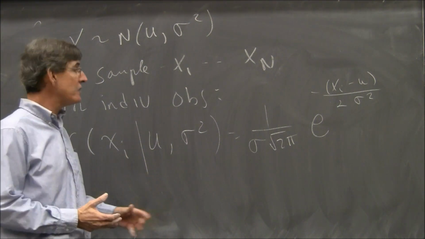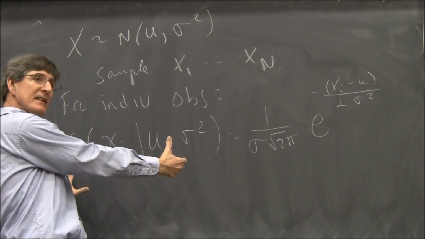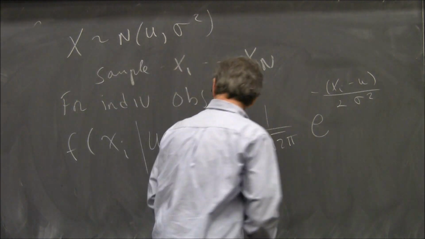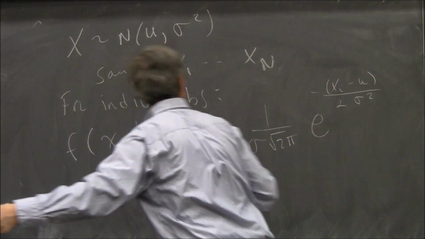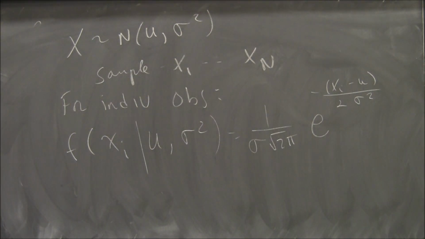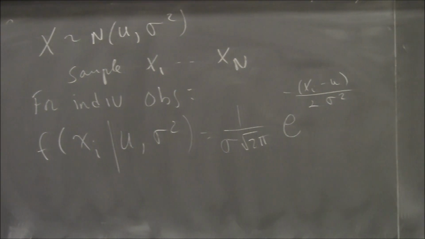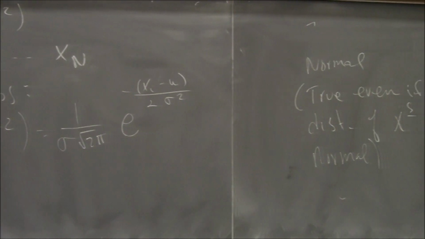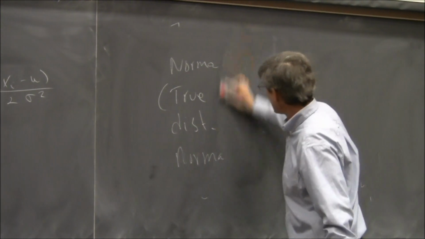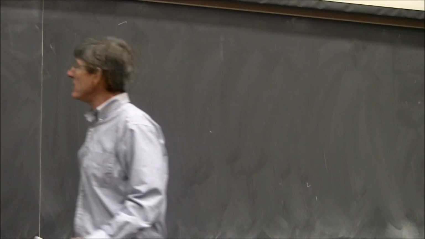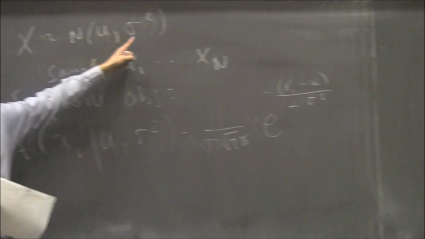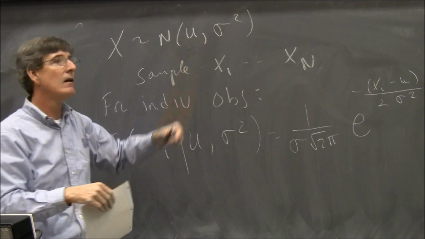So what's the likelihood function? It's a product of these things. So the likelihood function, what we want to maximize, we want to find the estimates of mu and sigma squared. So what I want to get out of this is estimators for mu and sigma squared. So I want to find the maximum likelihood estimator for this and for this. That's our goal.